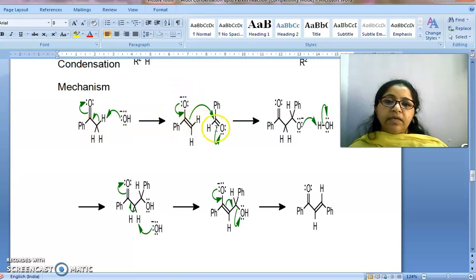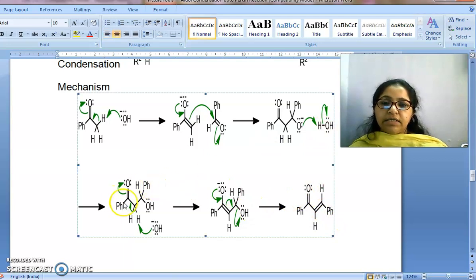This oxide again will attack the aldehyde, and the addition will happen. The oxide will abstract the proton from water and give us alcohol. So from this alcohol, this can leave one water molecule.